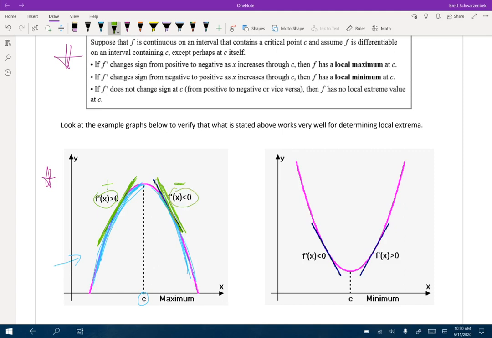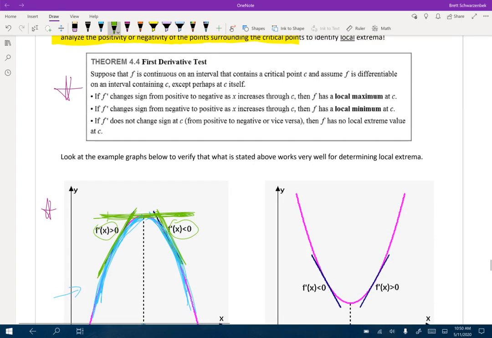So the key is understanding, if we know that all the slopes of tangent lines leading up to the critical point are positive, and all slopes of tangent lines coming from the critical point are negative, that means that we must be creating a top tangent line that's horizontal. That's the only way that's going to work. If you're going to go from positive tangent lines to negative tangent lines in terms of their slope, then somewhere at the top it's got to come to a horizontal, which, what does that do?